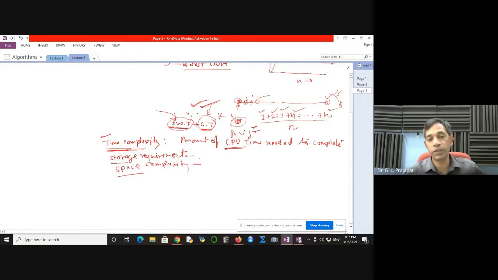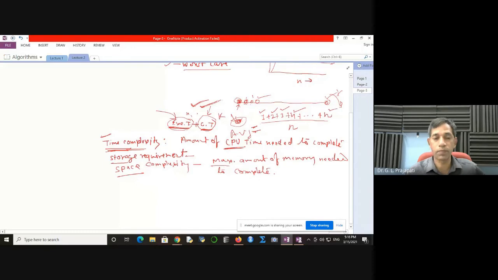So space complexity is the maximum amount of storage. Okay, maximum storage requirement of memory needed to complete.